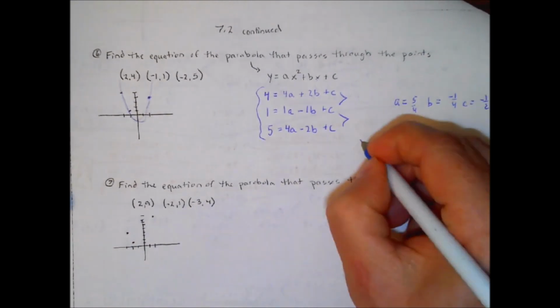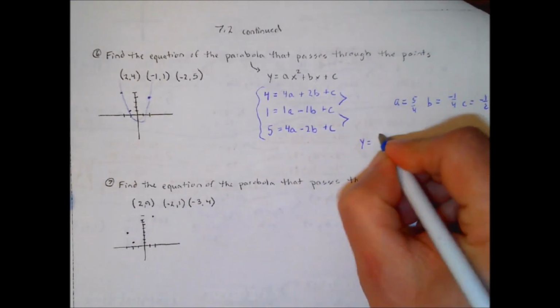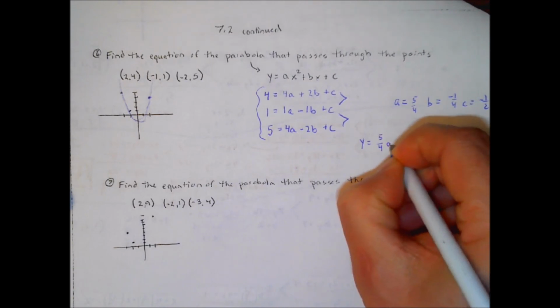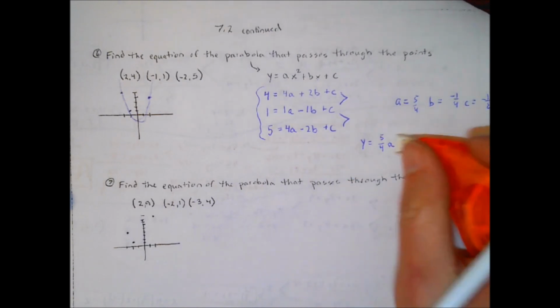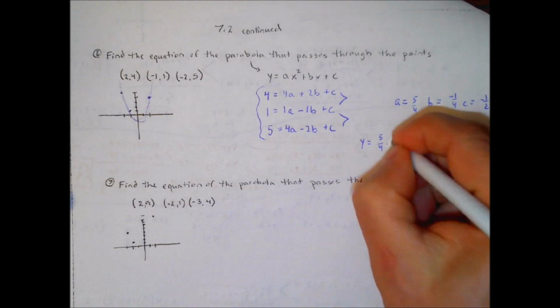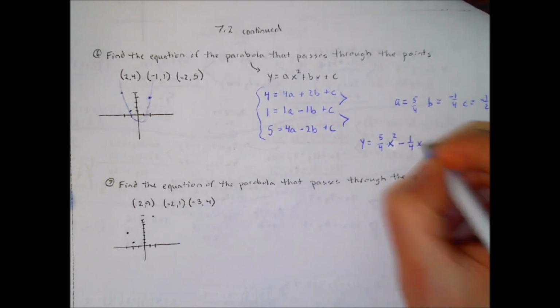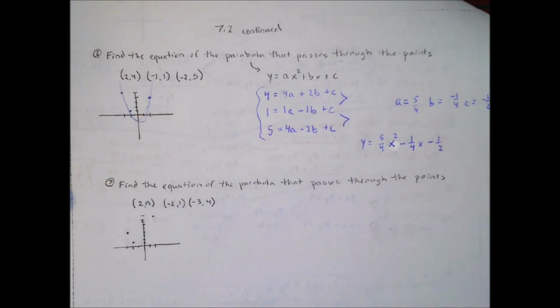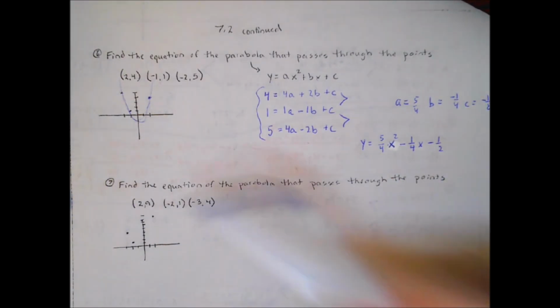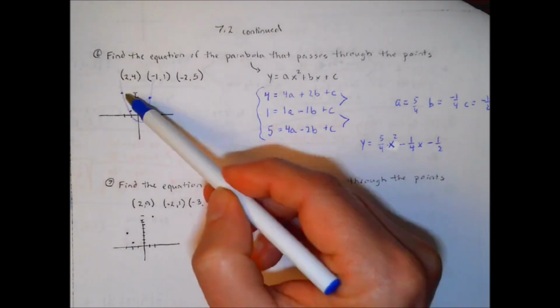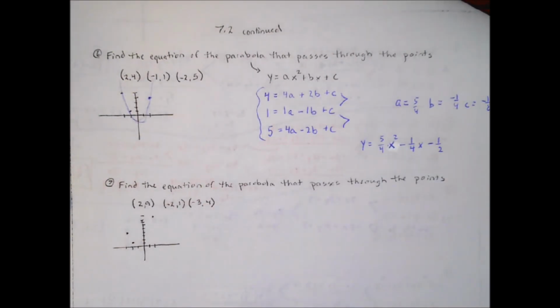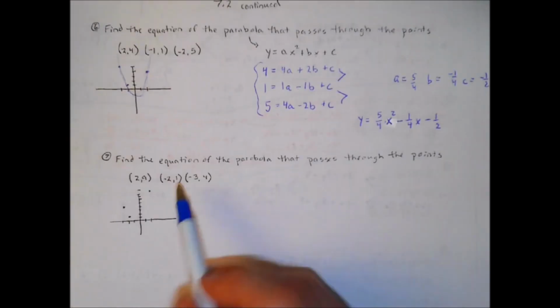Negative 2 squared is also 4. And 4 is equal to negative 3 squared is 9. And negative 3b. Okay, so there's my 3 equations. Put those together, eliminate the c's, go through the whole process, and see what answer you get there.